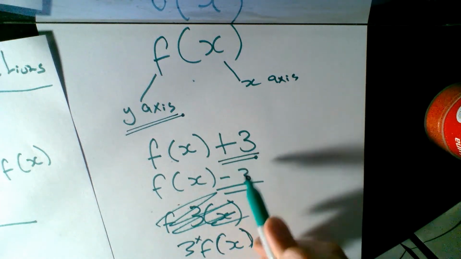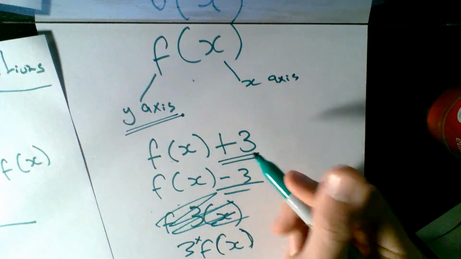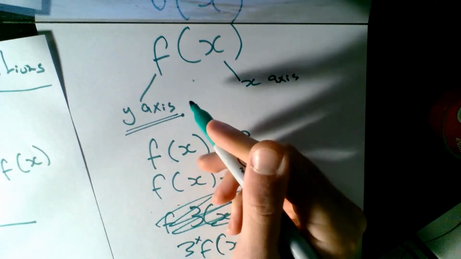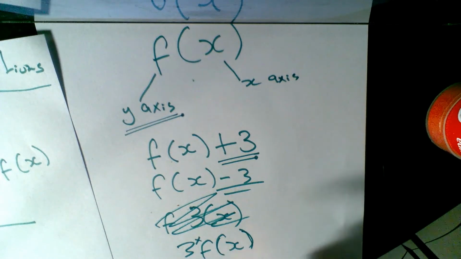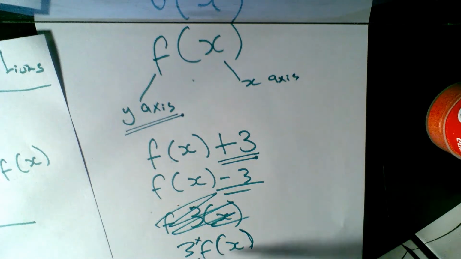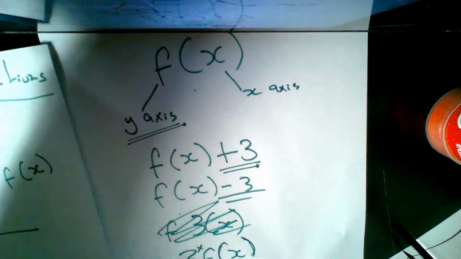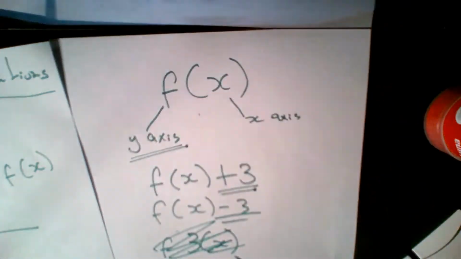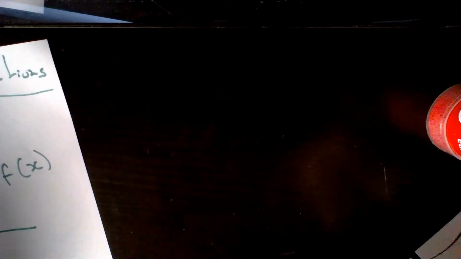So if it's a plus 3 or minus 3, we increase or decrease the y values, and if it's 3 times or 2 times f of x, we multiply the y values by this number. Okay? This is for the transformations outside the brackets.